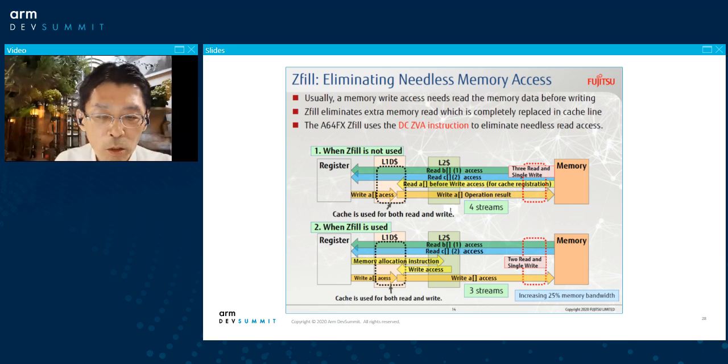And it also conflicts with the hardware prefetch, so we use a software prefetch instead of the hardware prefetch. So in this case, it's reduced to 3 streams, which approximately gives a 25% memory bandwidth upper bound improvement.